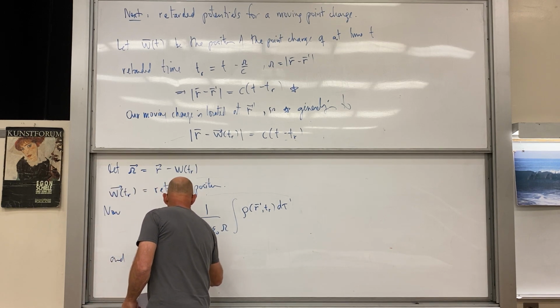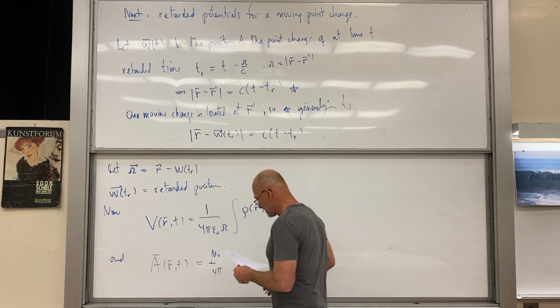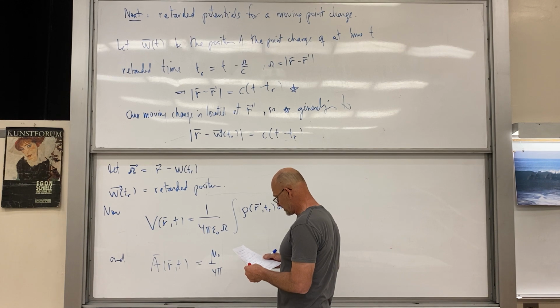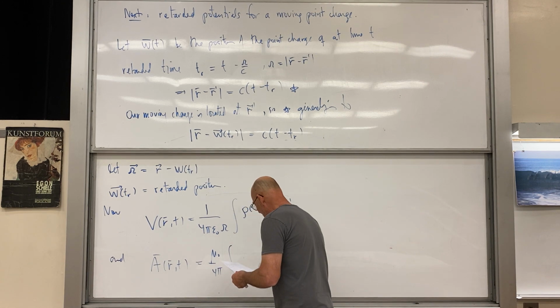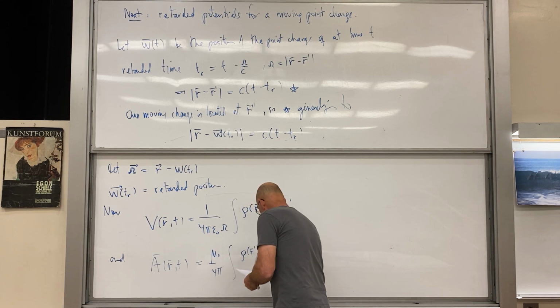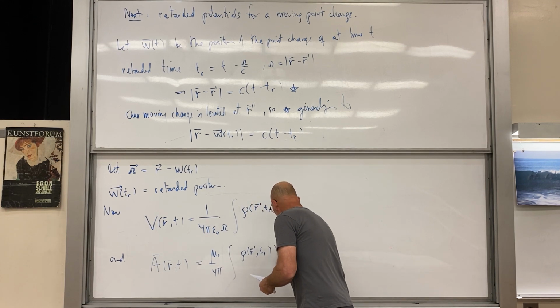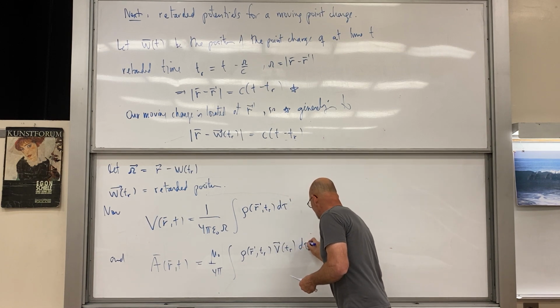And for the vector potential, A of R and T, we're going to have mu naught over 4 pi. Instead of J, I'm going to write rho R prime T sub R times V of T sub R d tau prime.